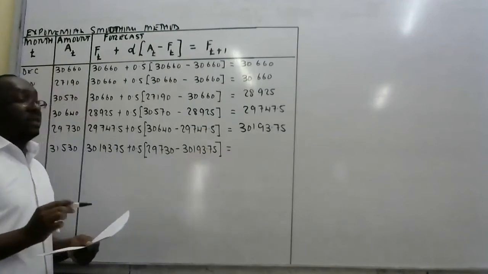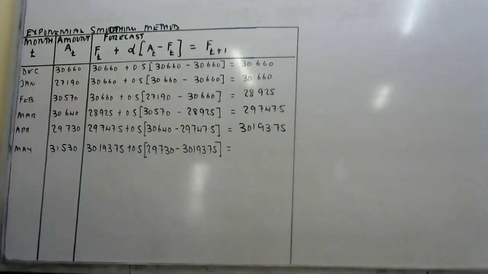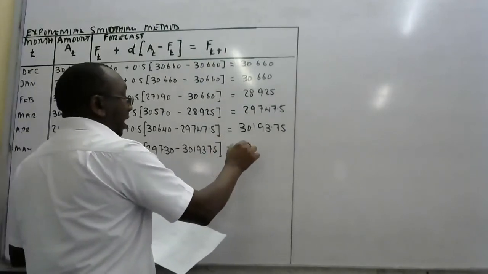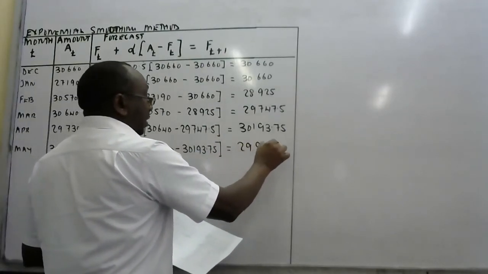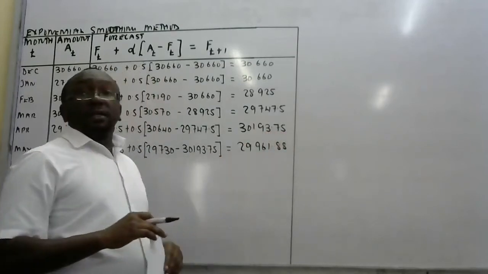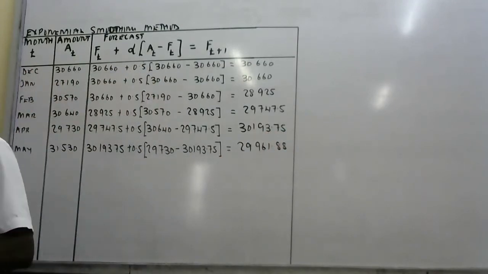Let's now confine ourselves to two decimals if they go beyond that. $29,961.88. Confirmed. Okay.